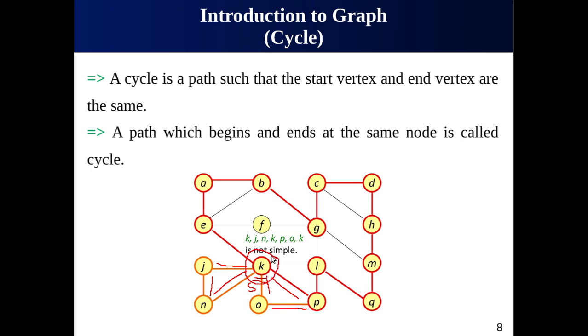We start and end at the same node. But you see, we have visited a particular vertex, K, more than once. In this case, it is known as a non-simple cycle.